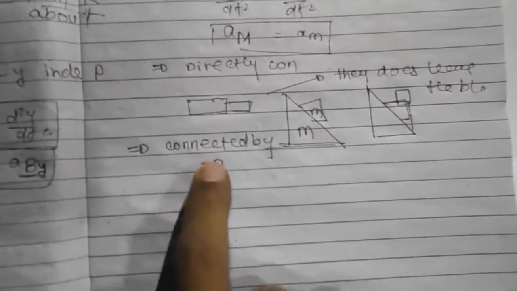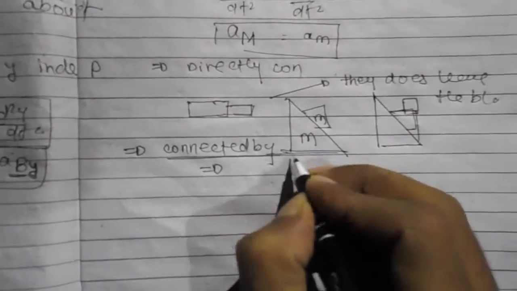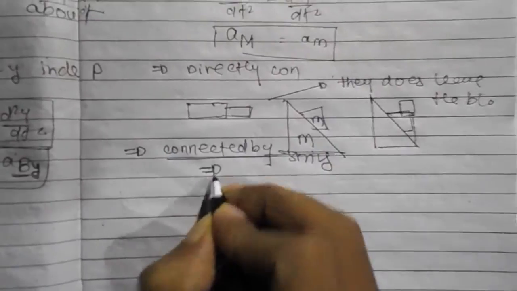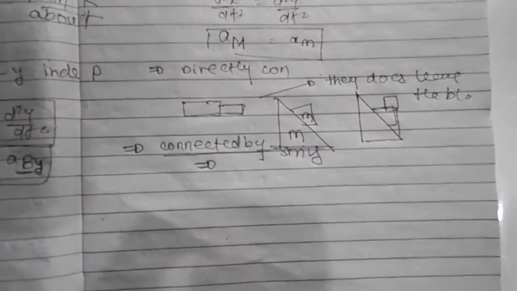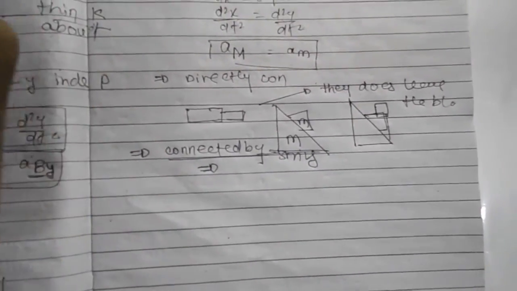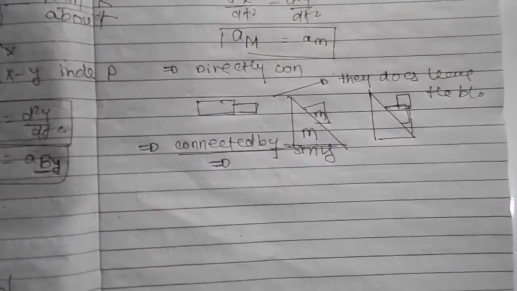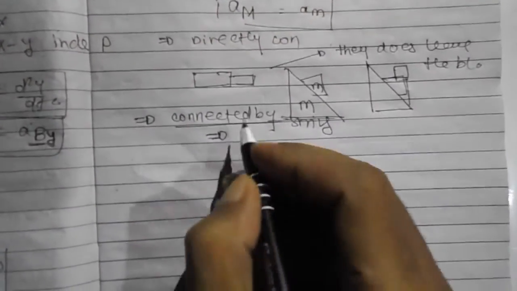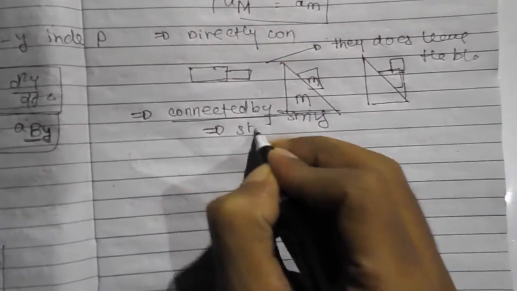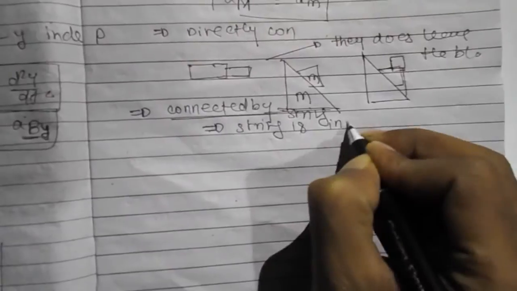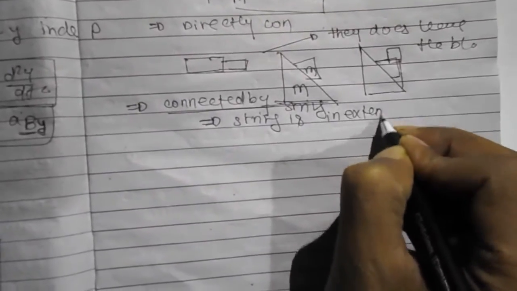In connected by string, the key point which is going to help in determining acceleration etc. is that the string is inextensible. String is inextensible.